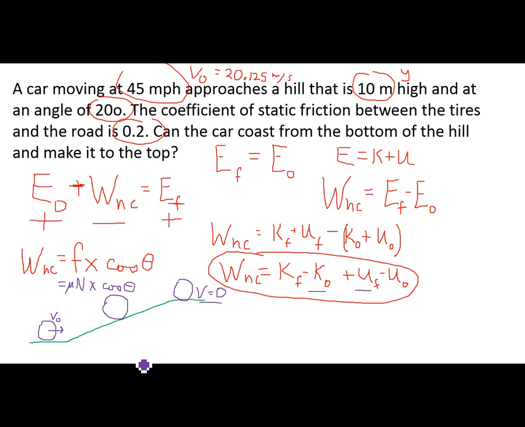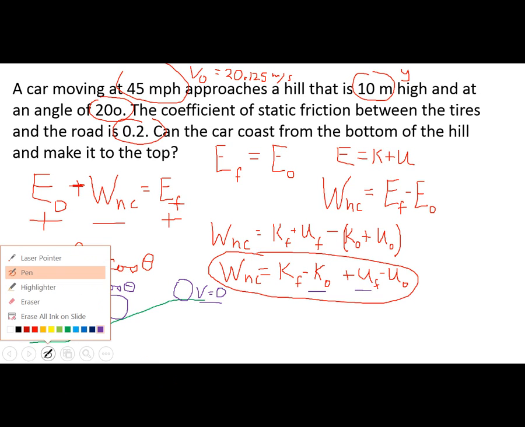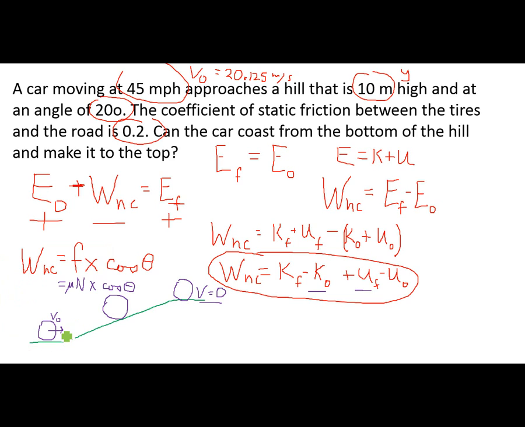Now there's a possibility you could get a little confused on this problem because of all the different angles. This angle theta, the cosine of theta, is the angle between the direction of the friction force and the displacement. The object is moving up the incline, so that's the direction of its motion.